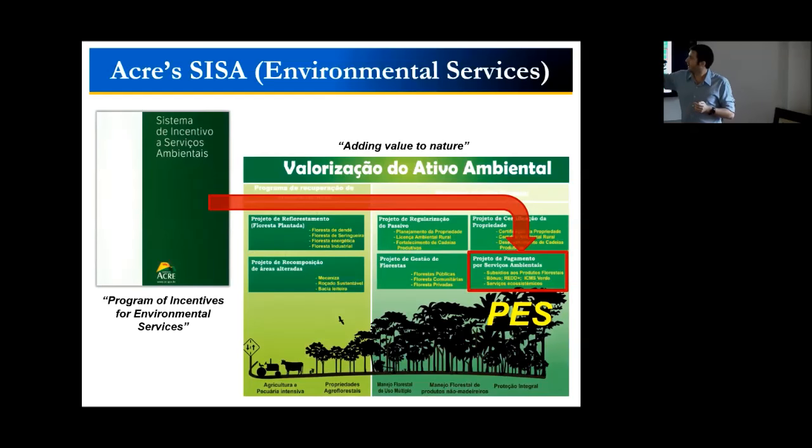If you look into the Acre state policy, you will see that they do have a sub-program focused on payments for environmental services. And here they acknowledge REDD+ as one of their strategies.